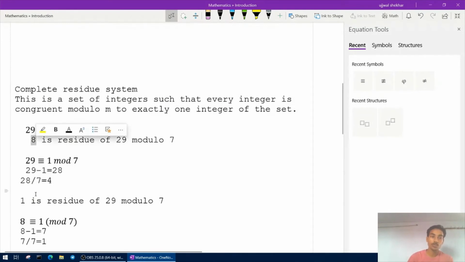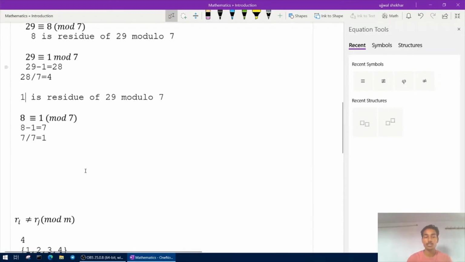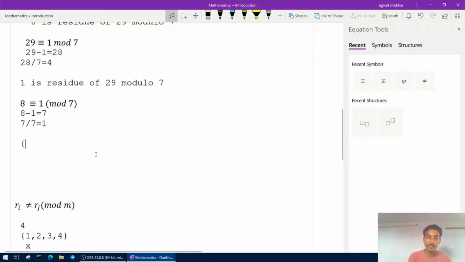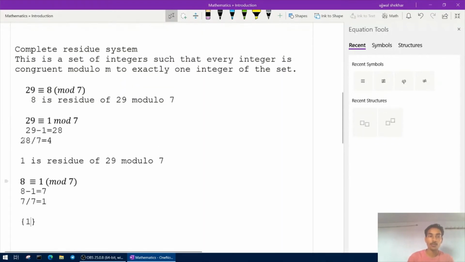8 should be included in the residue system, 1 should be included in the residue system, but both of them can't be included in a complete residue system. So let's say I'm writing 1 in a residue system of 29 modulo 7. We can't write 8 over here in the same set, right? Because we have to check one condition.